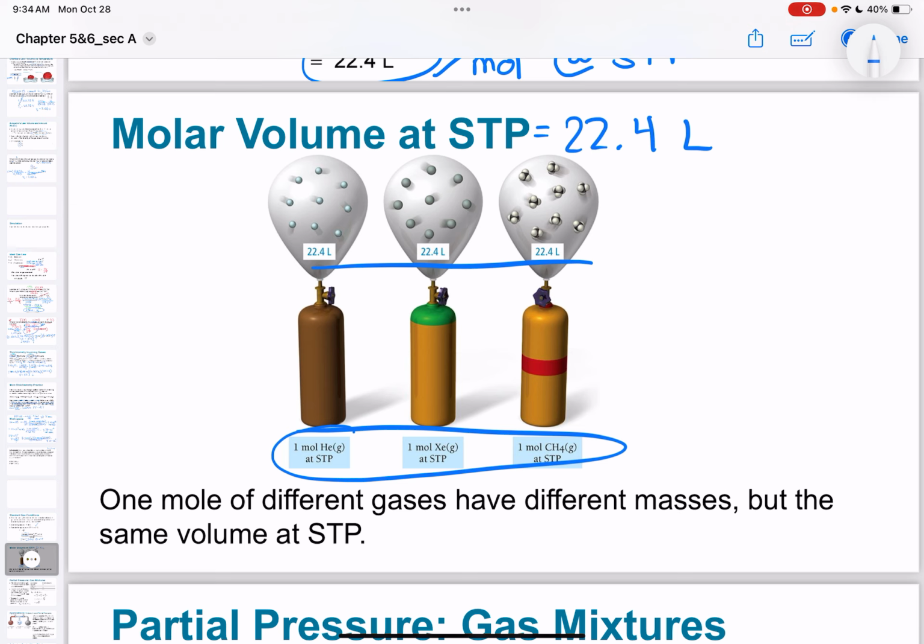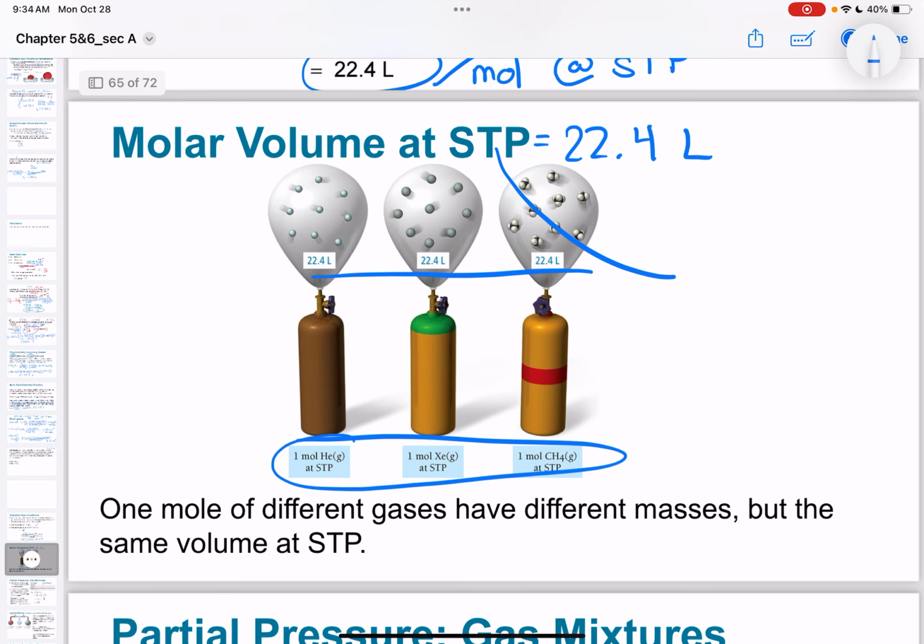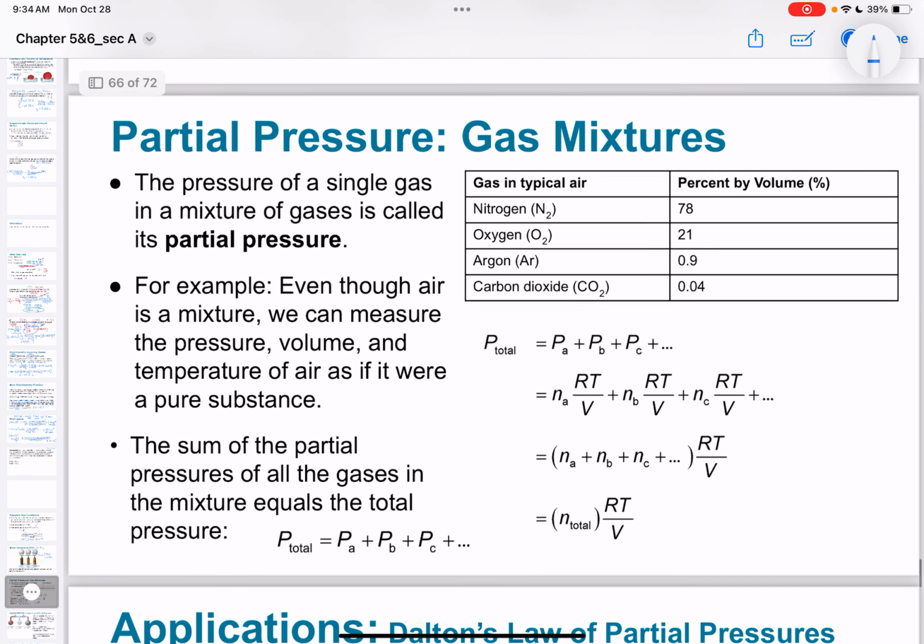Okay, so anytime you have a problem that says at STP, just remind yourself that this is 273 Kelvin and 1 atmosphere of pressure. Okay, that's our kind of first big idea from today's material.